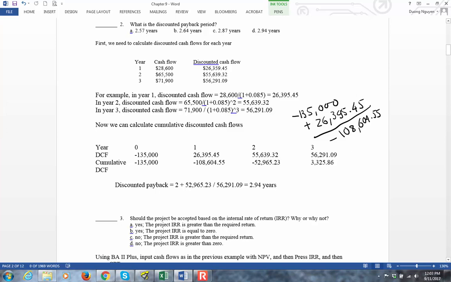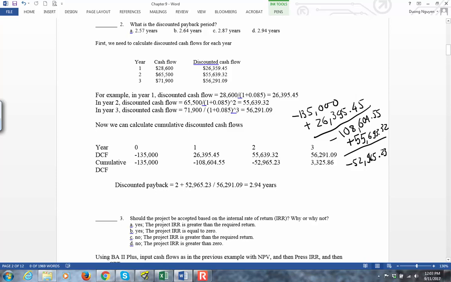After year 2, you do similar. You made an amount equal to 55,639.32. So the amount left you need to recover is negative 52,965.23.